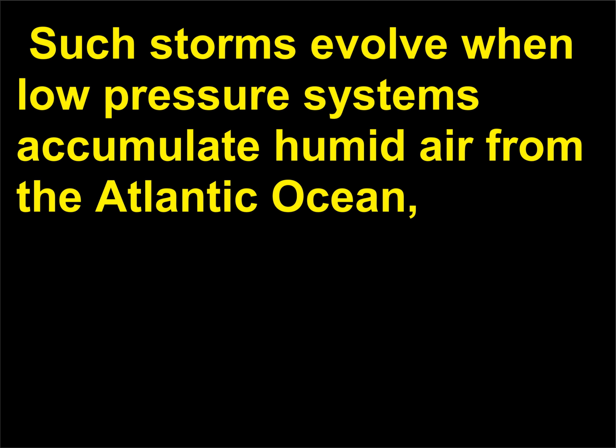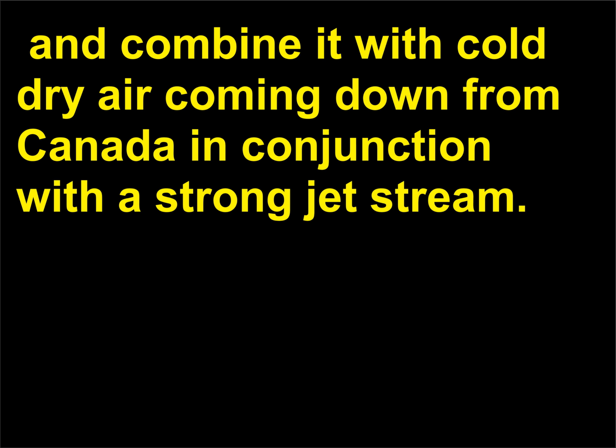Such storms evolve when low-pressure systems accumulate humid air from the Atlantic Ocean or from the Gulf of Mexico, and combine it with cold dry air coming down from Canada in conjunction with a strong jet stream.